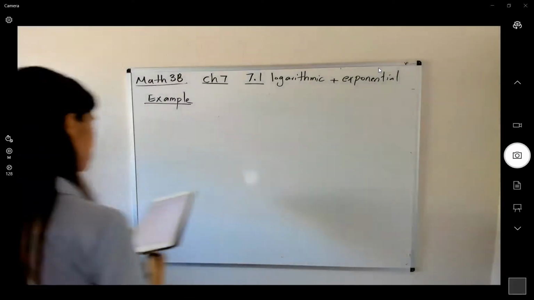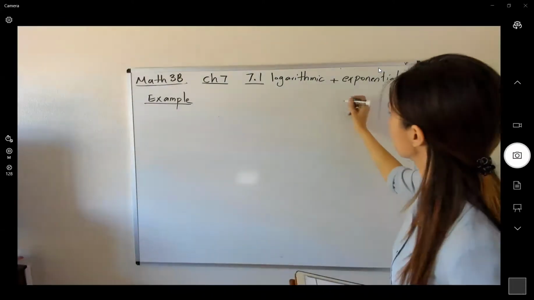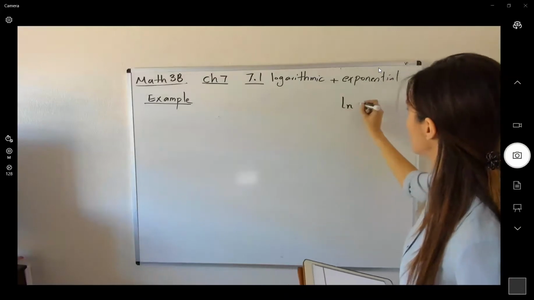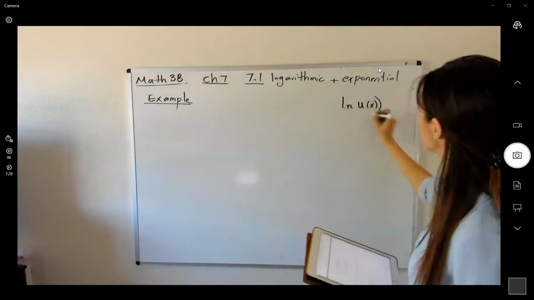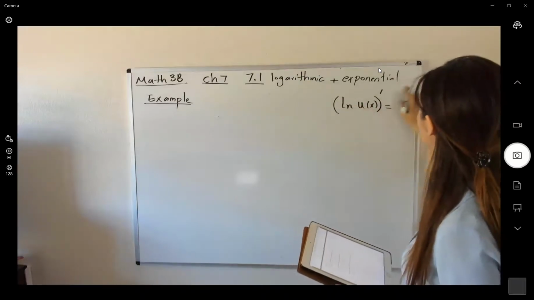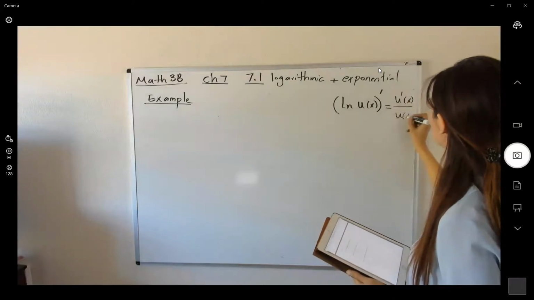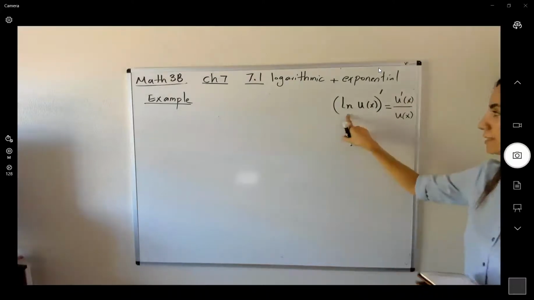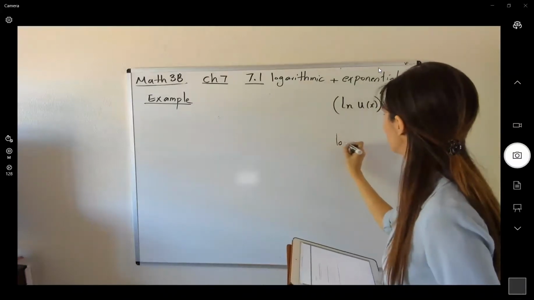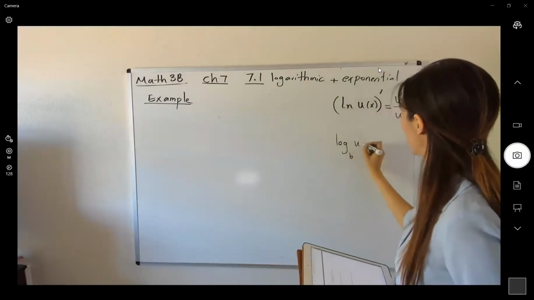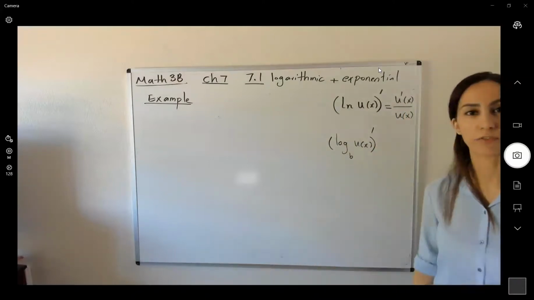Another formula for you. So far we learned that if we have ln of u of x, and we know that u of x is positive, the derivative is equal to u prime over u. But instead of ln, we have just a log function, log with base b of u of x, and you're taking the derivative of log.